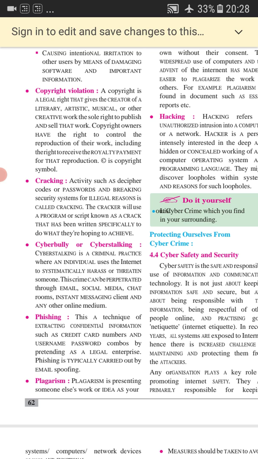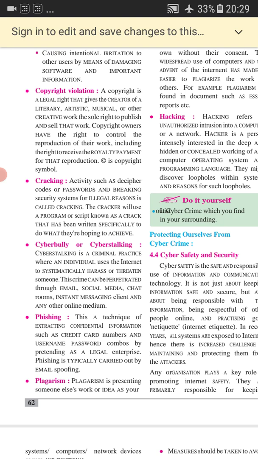They also make use of chips when anyone swipes cards on ATM machines or swipe machines. They try to steal their passwords and access their accounts illegally. So that all comes under phishing.